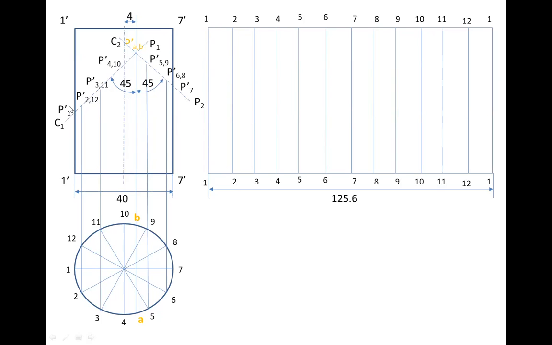Because this P1 is only present in this way. So this P1 point will come here and this part is not there. We have to cut that part. So like this, we have to locate each and every point on the development plane. So our work is now ready for transferring the different points.